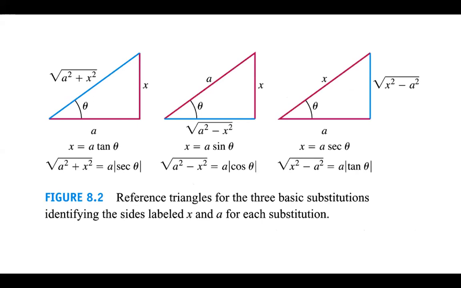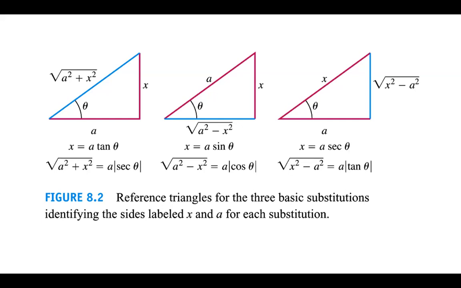All right. So really, just like with a lot of other things, I think you'll really start to pick this up when you start to see the examples. But at a certain point in all these problems, we will be drawing a reference triangle, and that will help us put together the pieces of the new integral.